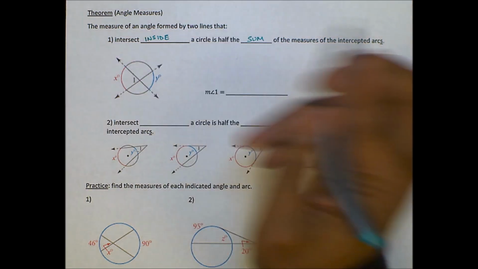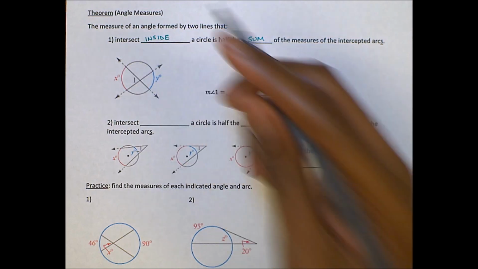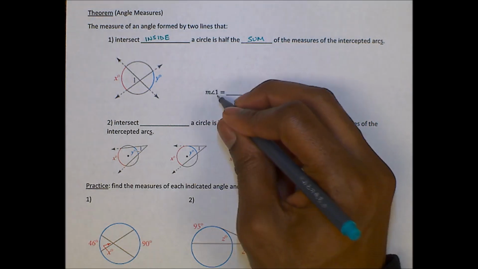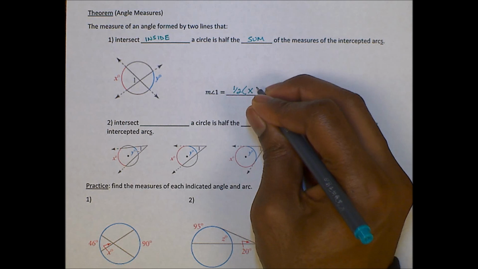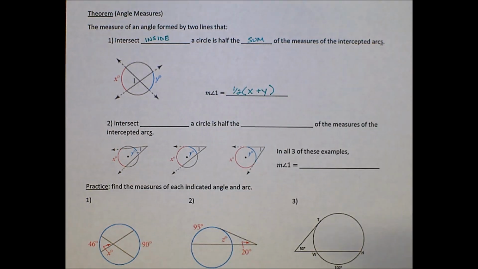We have the intercepted arcs x and y, and so we could find the measure of angle 1, because we know the measure of angle 1 would be 1/2 the measure of arc x plus the measure of arc y. So it's just half the sum of those two arcs. Okay, so that is how we find the angles between two lines that intersect inside of our circle.